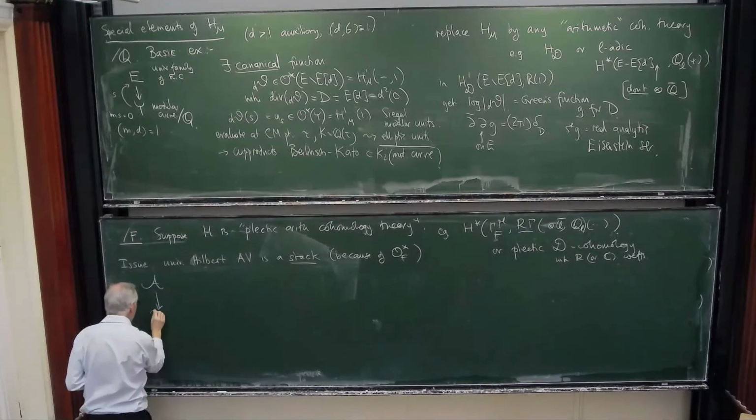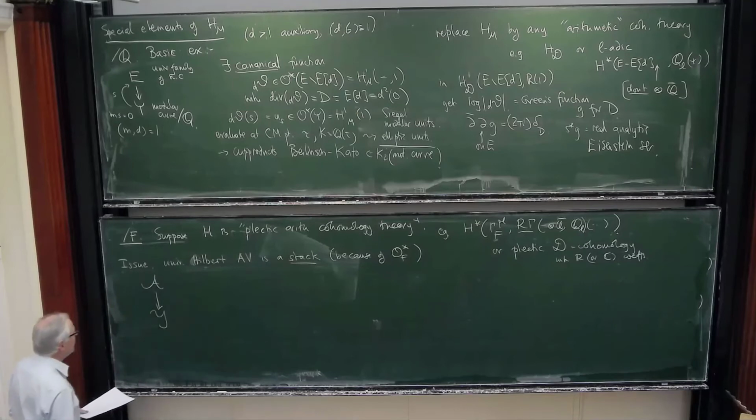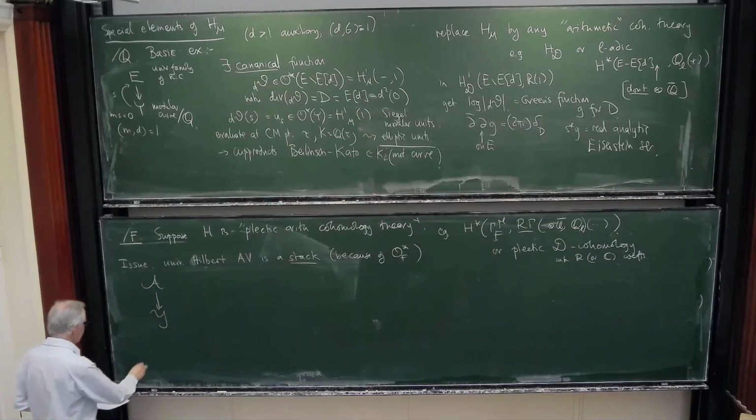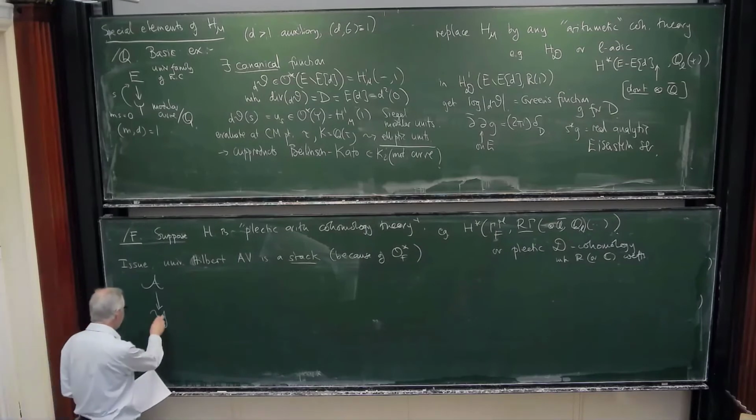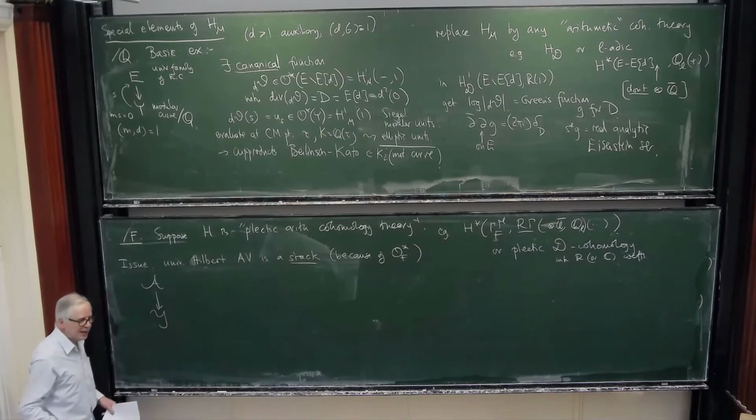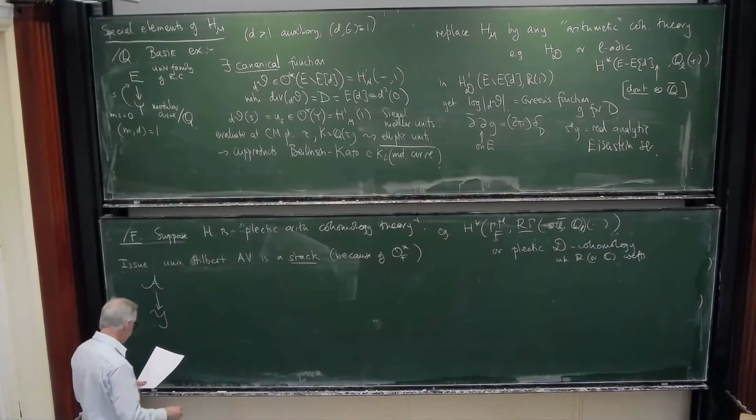So the picture here now is you'll have A down to script Y. So this will be some stack parameterizing Abelian varieties with real multiplication.